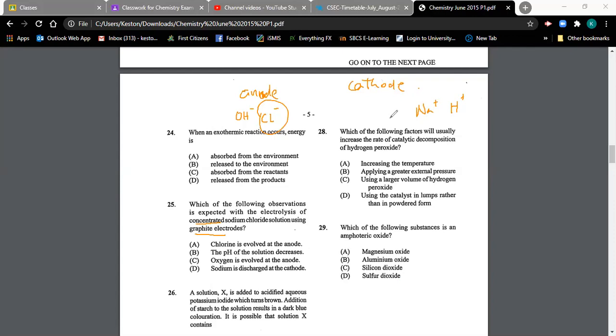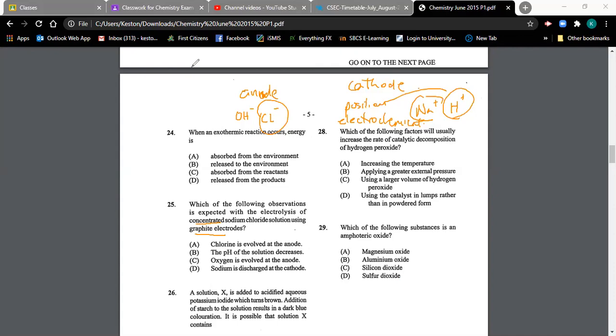Yep, why is that? H plus is preferentially discharged over sodium because of its position in the electrochemical series. It's lower than the sodium. That's why it's preferentially discharged. Yeah? Very good.